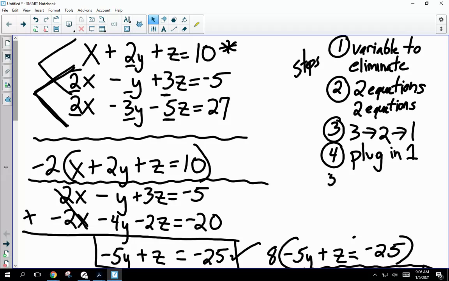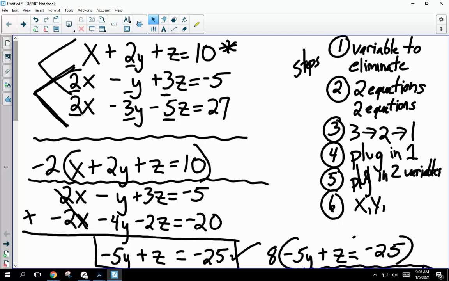And then number 5, you'd plug in 2 variables. And then you solve, and then finally you're going to write the x, y, z. Once you plug in the 2 variables to solve for the 3rd variable, you're going to get the x, y, z as your answer.